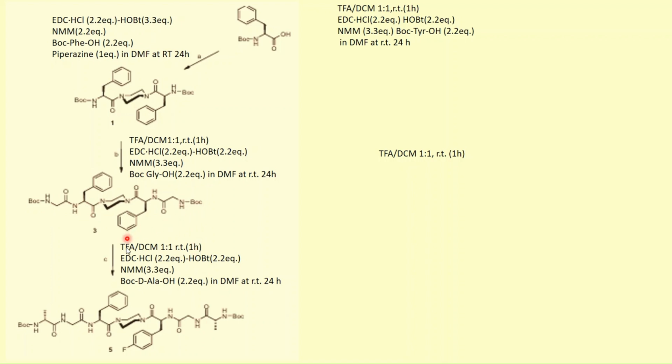Further, it is deprotected. The Boc deprotection is done by using trifluoroacetic acid and DCM, and again D-alanine, in which the amino group is protected by Boc, was activated by treating with EDC and HOBt in the presence of N-methylmorpholine in DMF at room temperature and stirred for 24 hours.